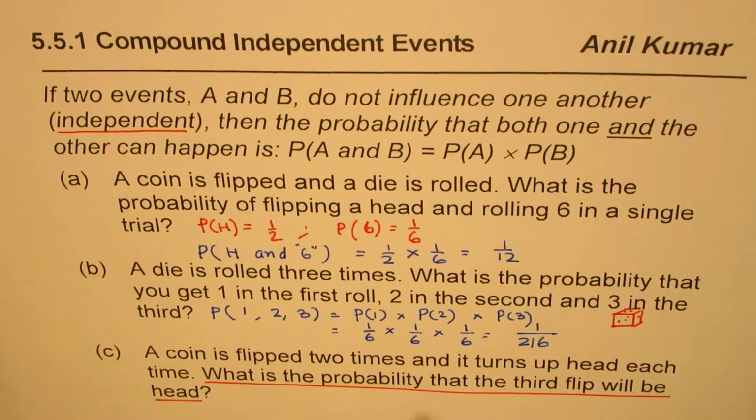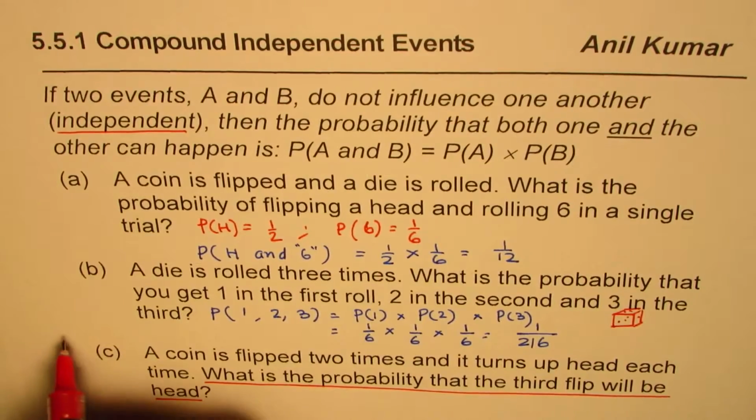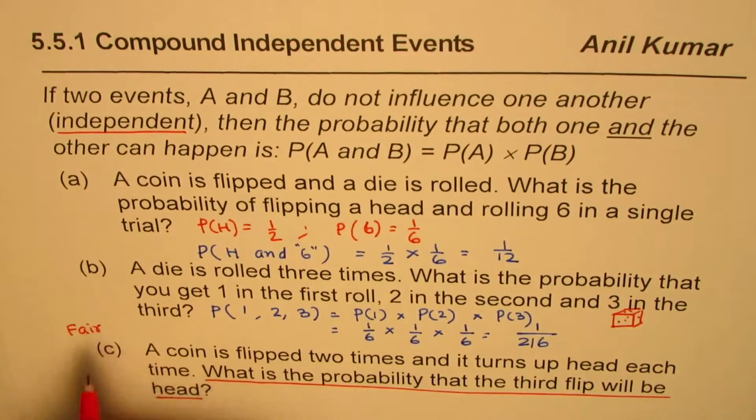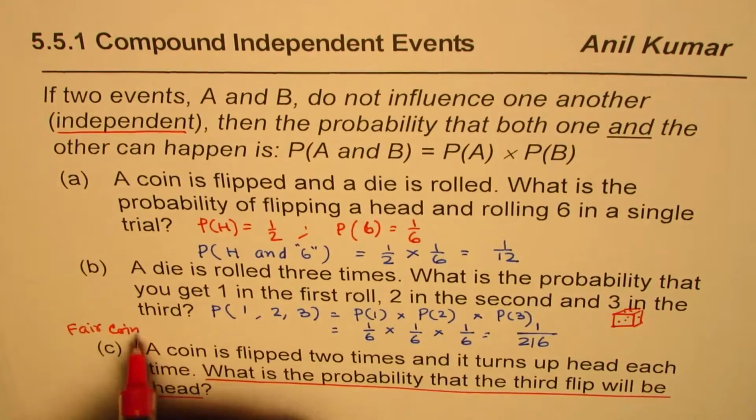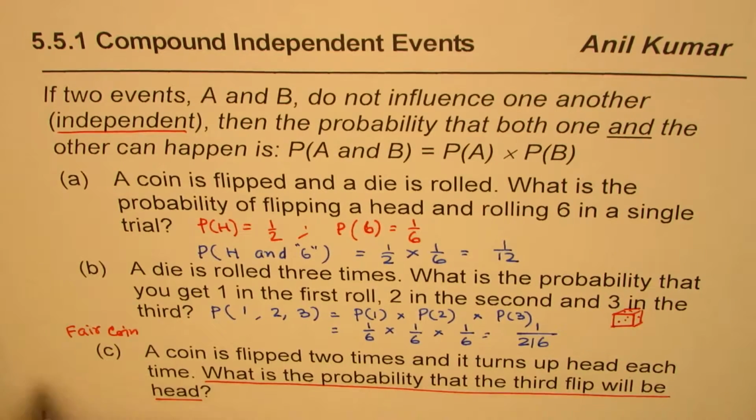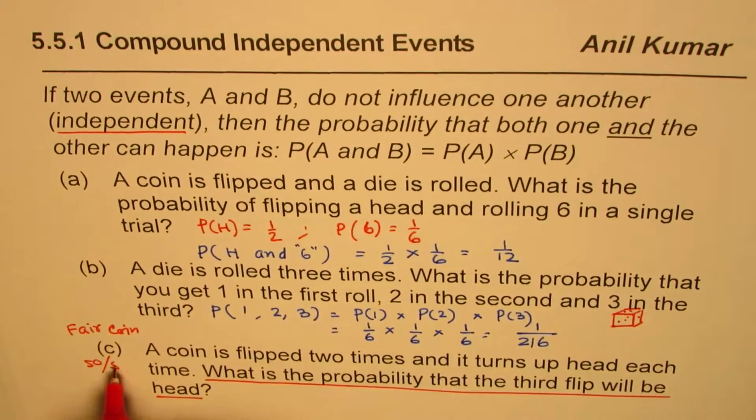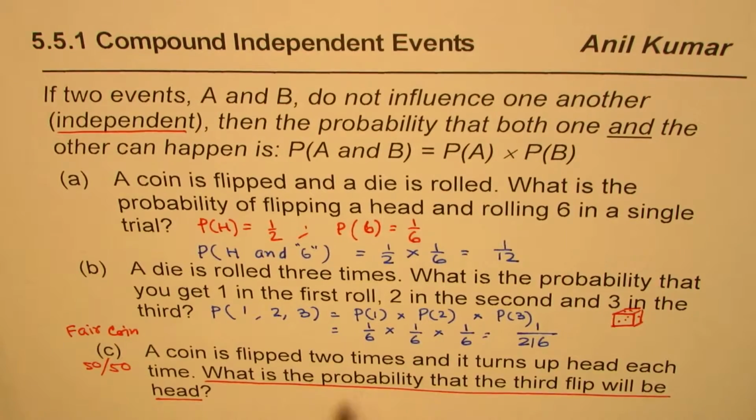Well, whenever we are working with coins, if not specified, we are looking for a fair coin, right? So it is a fair coin. So probability of getting head or tail is 50-50. Now here you can clearly see that flipping the coin each time does not influence the result of the next time, right?